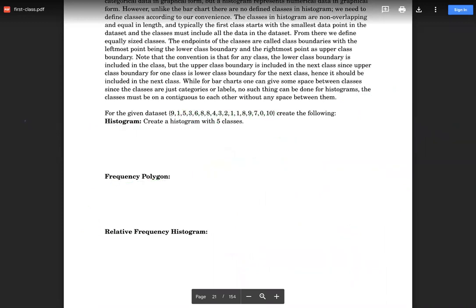Now, frequency polygon, okay? So again, I'm going to take the same data set, 2, 4, 6, 8, 10, 10, 8, 6, 4, 2, 0, okay?